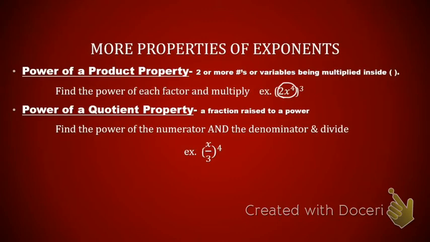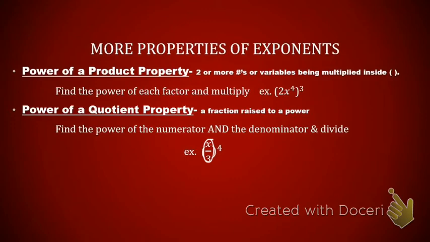Okay, so instead of just having one thing in the parentheses being raised to a power, you now have 2 or more. All right? Then go look at the power of a quotient. This is when a fraction is raised to a power. Again, go inside the parentheses. What is inside the parentheses here? X divided by 4.